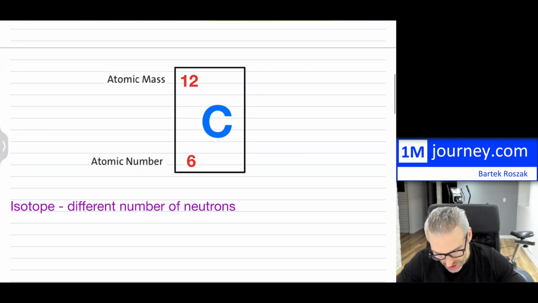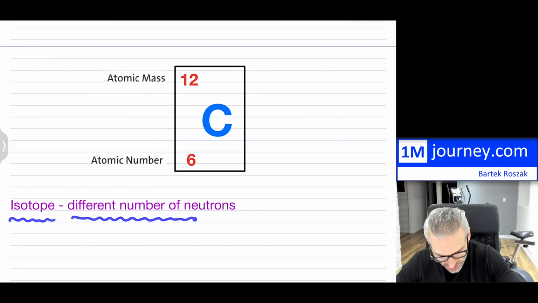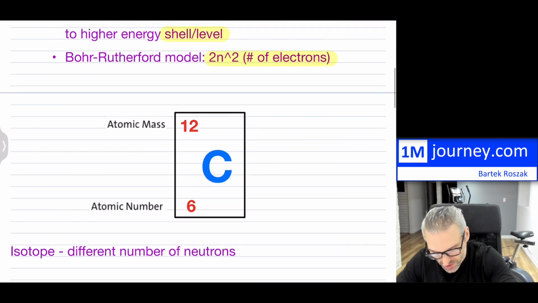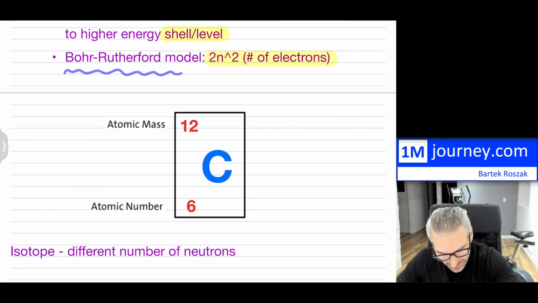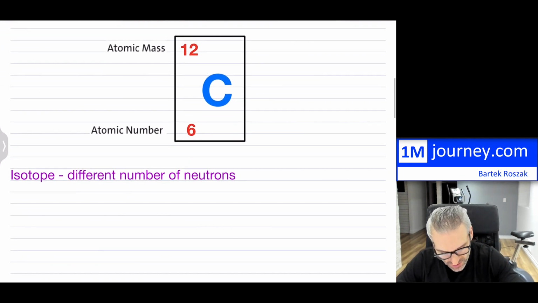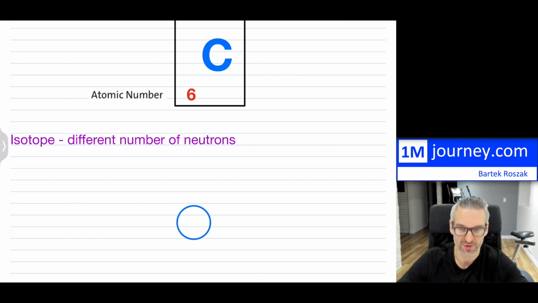Now, before I jump into these different types of isotopes and explain it a little bit further, I do want to go back to this Bohr-Rutherford model and describe this 2n squared, because what does that mean? If you take carbon, for instance, I'm going to try to draw this, and we of course approximate these by circles, but they're not really circles.